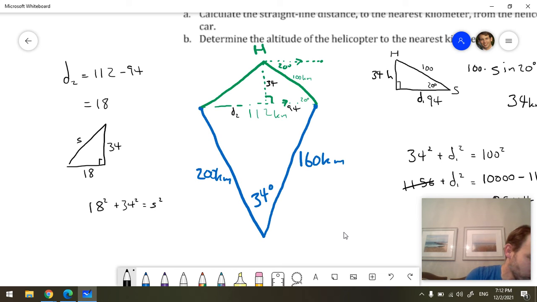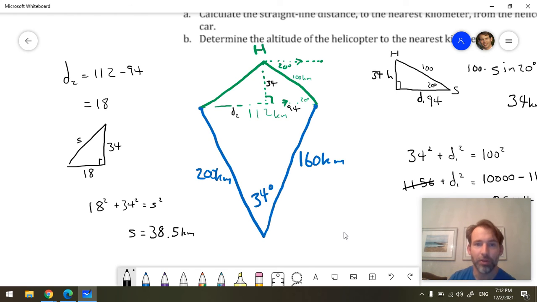18 squared plus 34 squared equals 1,480. And then I take the square root of 1,480. It's 38.5. So S is equal to 38.5 kilometers.